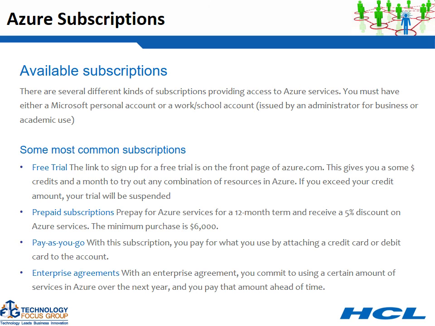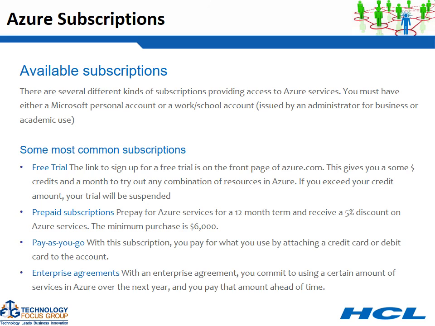The second one is prepaid subscription. Here you prepay for Azure services for a period of 12 months, and you can receive a 5% discount on Azure services. The minimum purchase amount is $6,000. Next option is pay as you go. With this subscription, you pay for what you use by attaching a credit card or a debit card to the account.